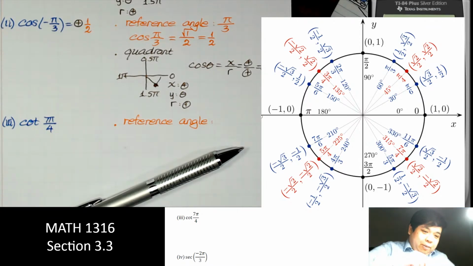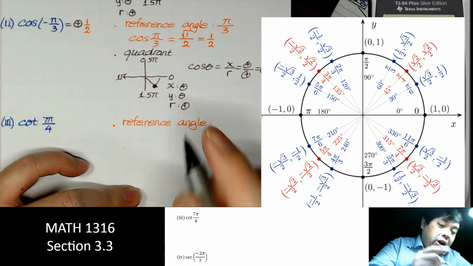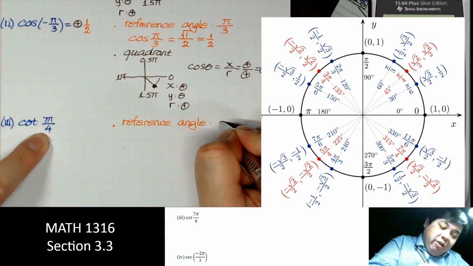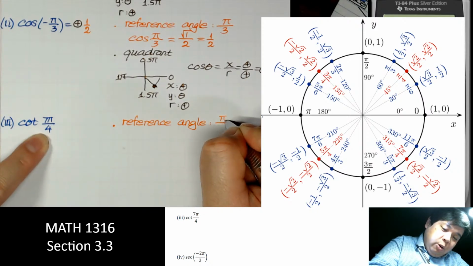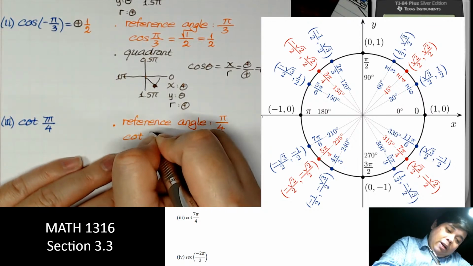Should be able to see that. Right, reference angle. By the way, I'm going to do that without the unit circle. Reference angle of 7 pi over 4 is pi over 4. So what is cotangent of pi over 4?